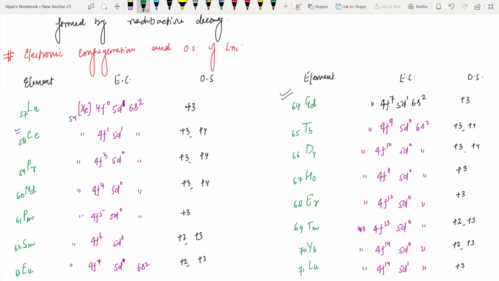Now here it is clear, listen to one thing very carefully. It is clear from the slide that the lanthanides show different oxidation states, but for all the lanthanides, starting from cerium to lutetium, the most common and most stable oxidation state is +3.